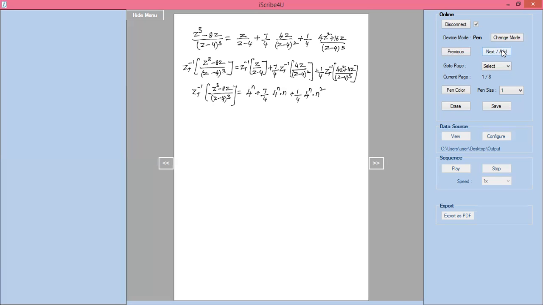Now I'll write this one: z inverse of that equals 4 power n plus 7 into n into 4 power n minus 1, plus 1 by 4, I am writing as 1 into 4 power n minus 1 into n square also. This is the required solution for the given equation.